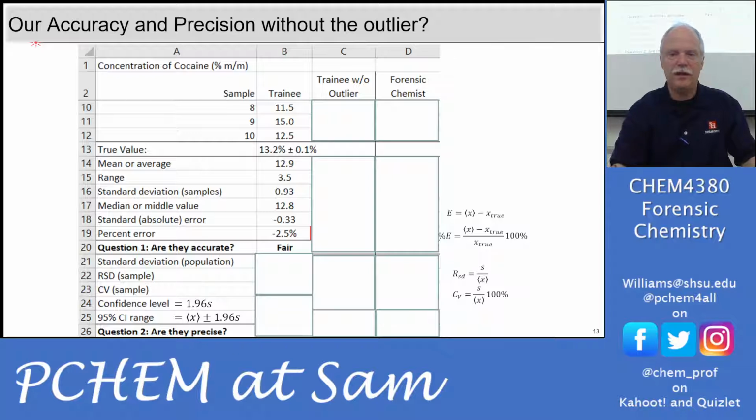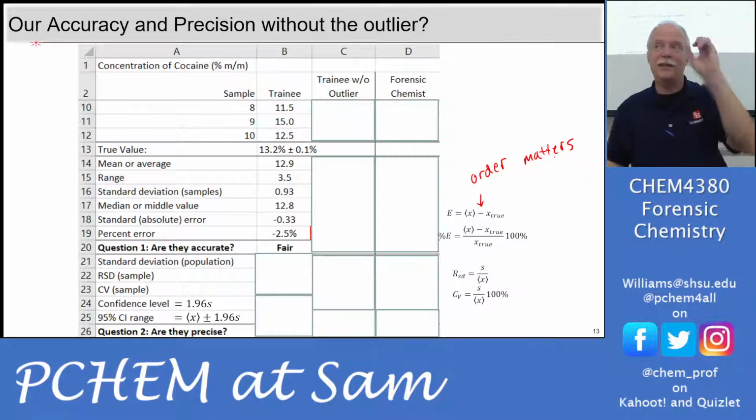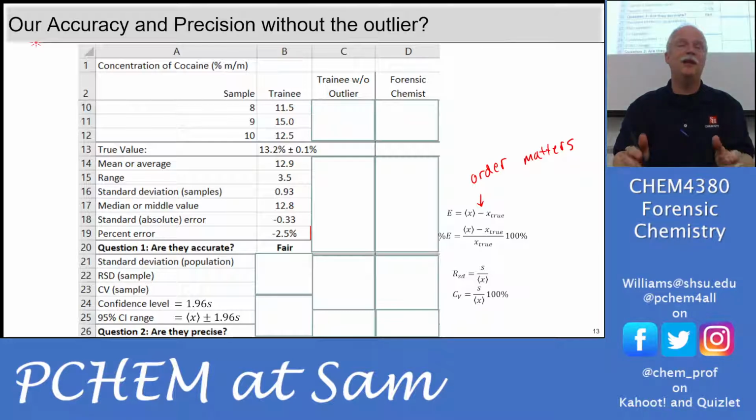Notice that the bias, or the error, is our mean minus our true value. Notice the order here. And this is similar to your control charting. I really insist that with today's measurement, you subtract yesterday's measurement from today's measurement.